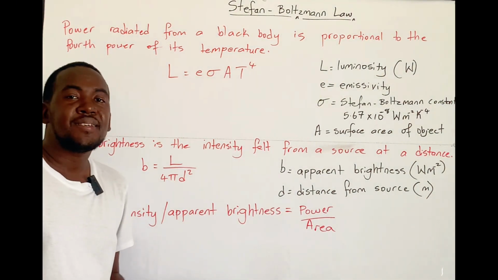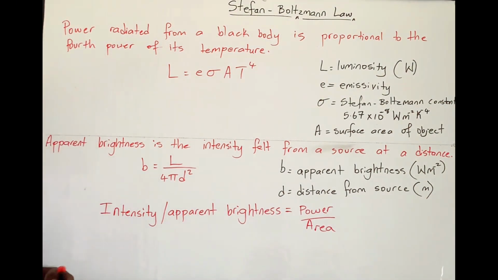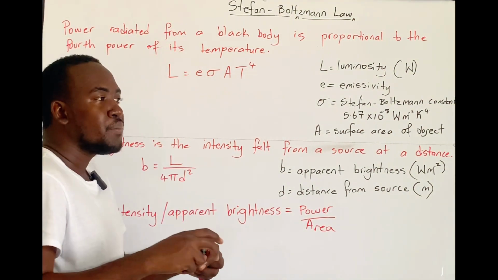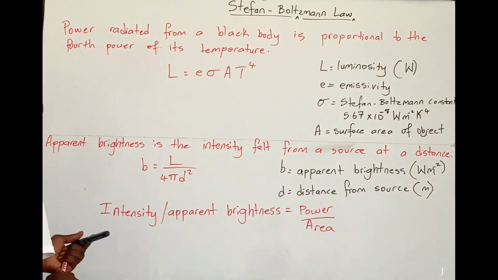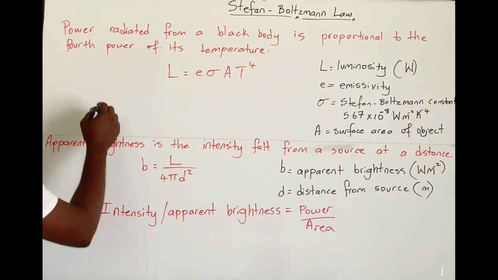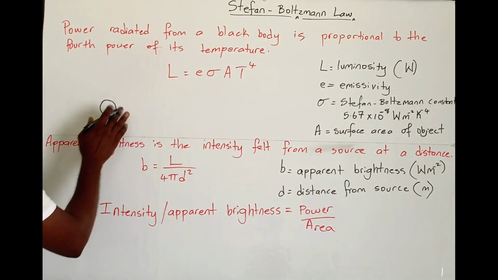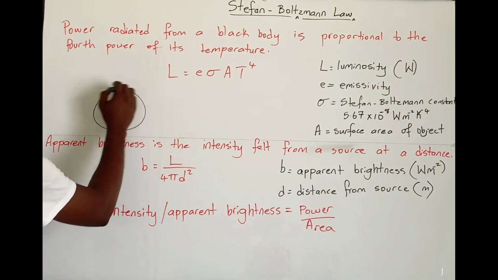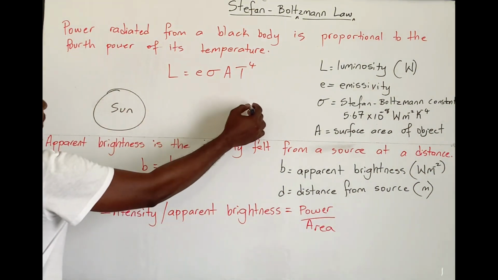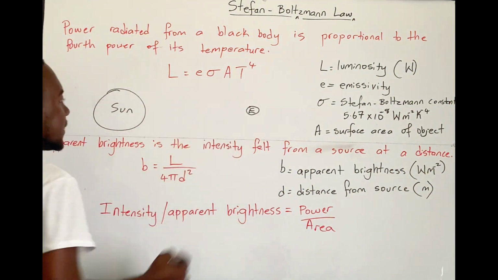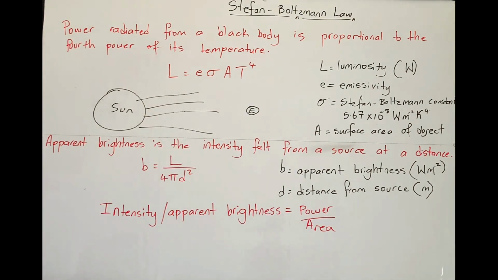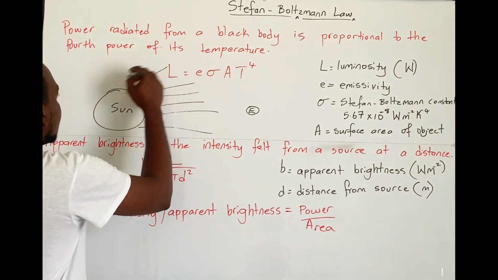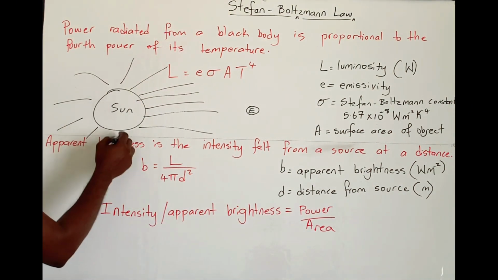So again, the apparent brightness gives us an idea of how much intensity we're feeling from the source because we're at a distance. And the reason why it's going to be different is, let's use the sun for example. If this is our sun and this is Earth, which is smaller in size, when heat is produced by your sun, it's going to spread out in equal proportion throughout the galaxy.